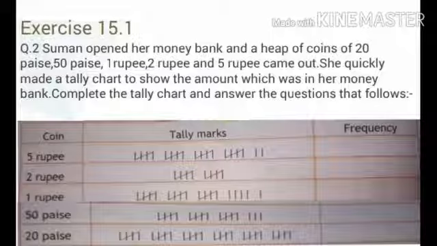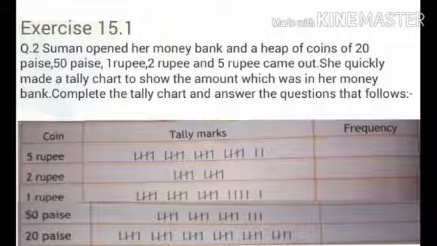Next, 2 rupee, 5 plus 5 is 10. So the frequency, the number of 2 rupee, is 10. So you will write here 10. Clear? 1 rupee, 5 plus 5, 10, 10 plus 5, 15, 15 plus, here there is a slight mistake here.